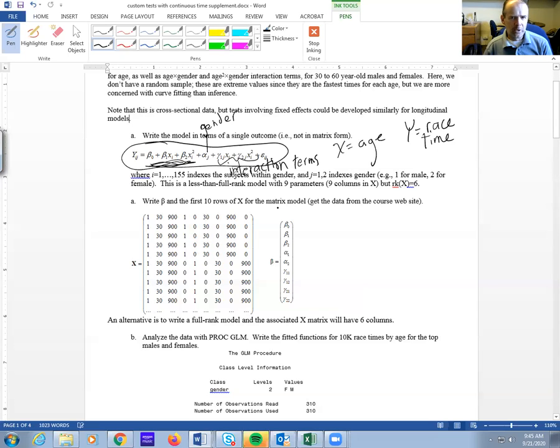So if we write the less than full rank model, if we put in a column for every level, then we have the intercept, and then we have age squared, and then we have a column for both the men and women. I'm putting in columns for both the men and women.